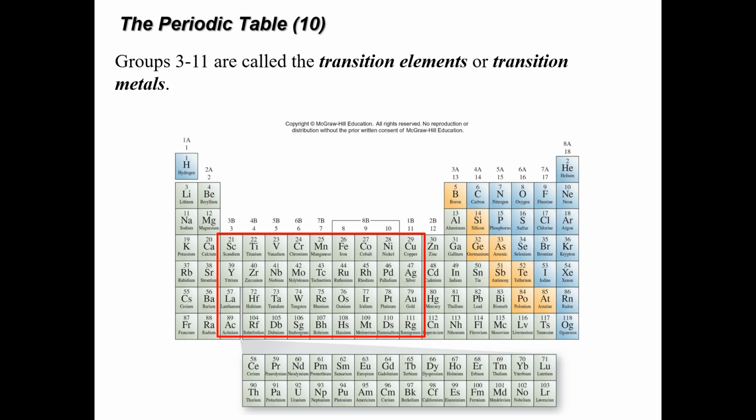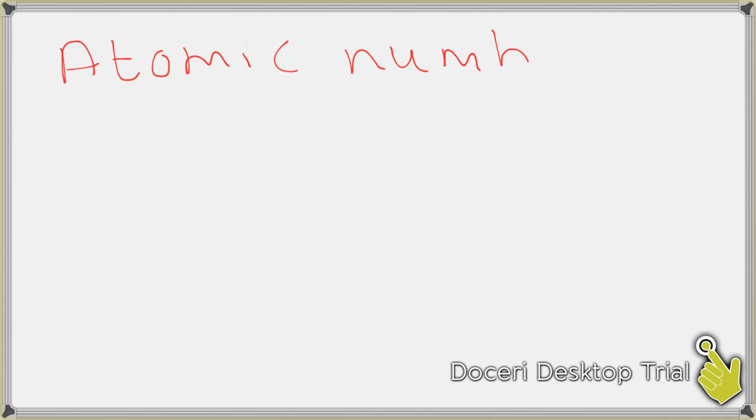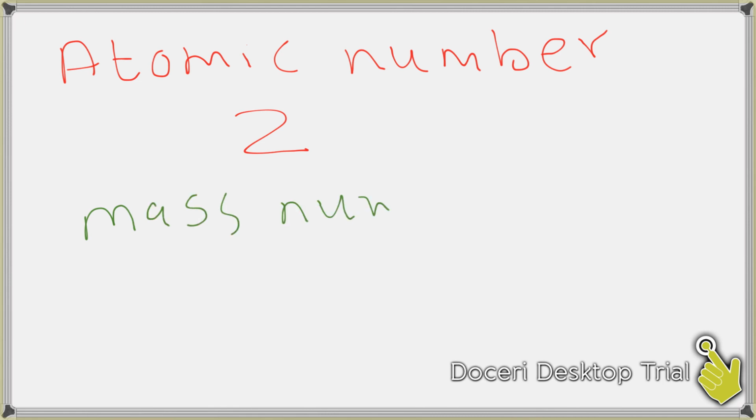The atomic number, which is Z, is the number of protons in an element. And then we talked about the mass number, which is M, the number of protons and neutrons in an element.